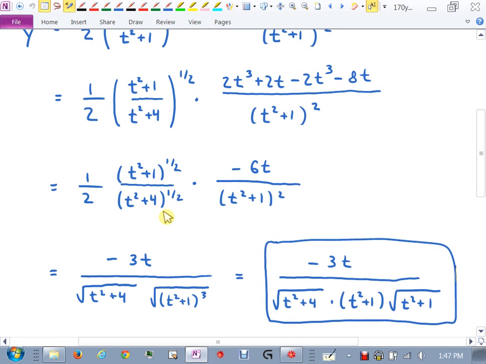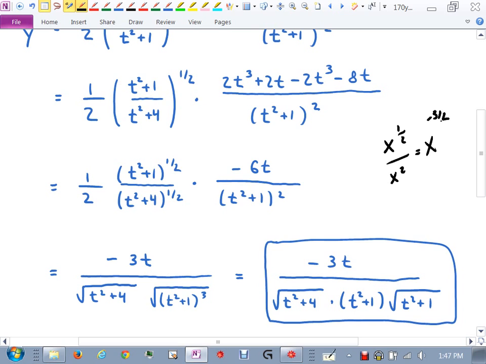Can I do what? This one and this one? Like where this comes from this? I'm doing, what is something to the 1/2 over something to the 2? What is x to the 1/2 over x to the 2? X to the negative 3/2. That's on the top.